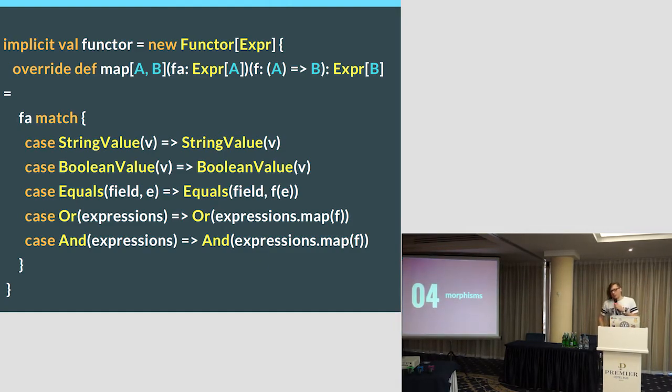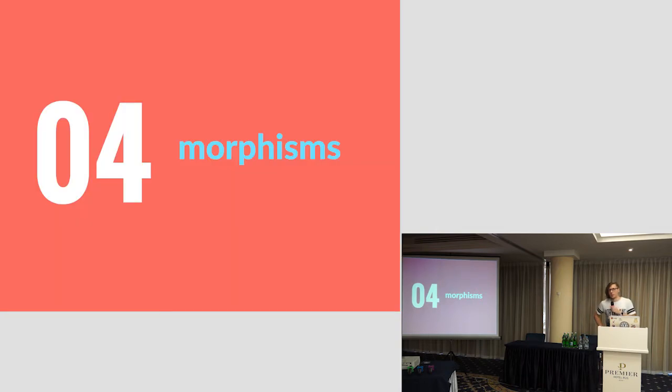And now let's take a look at our task a little bit more globally. If we imagine that we work in some categories, probably our expression tree is one category. We want to reach another category, our query, Elastic query, SQL query, wherever we want. And we need some arrow from the first category to the second one.